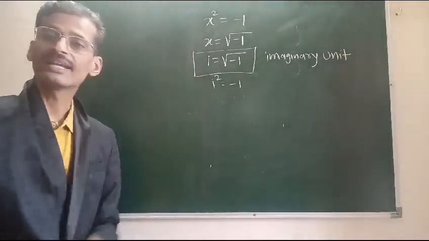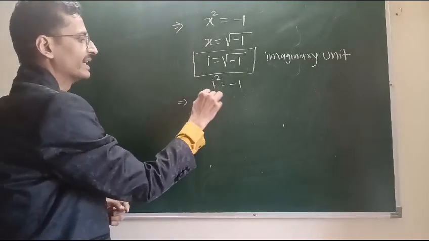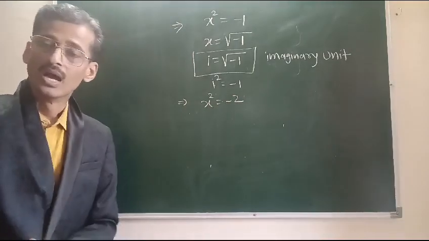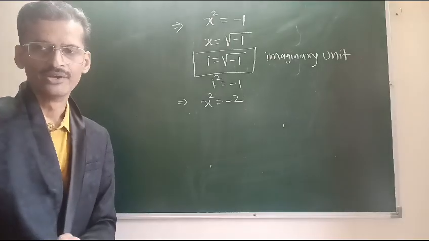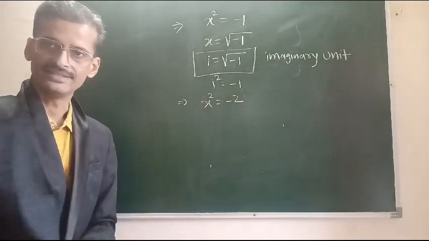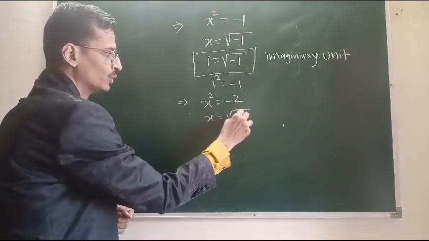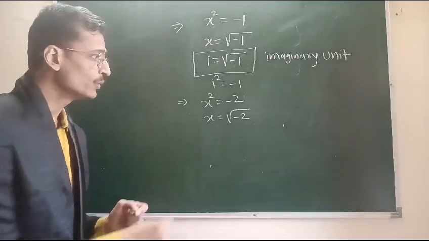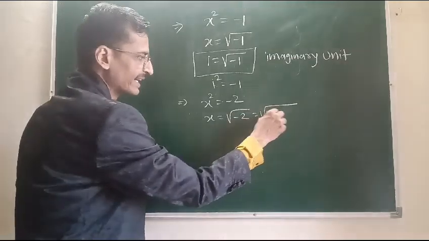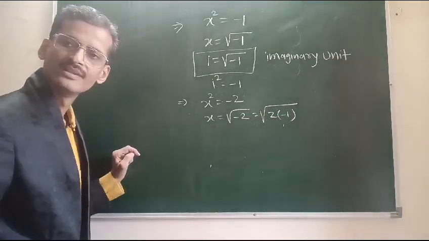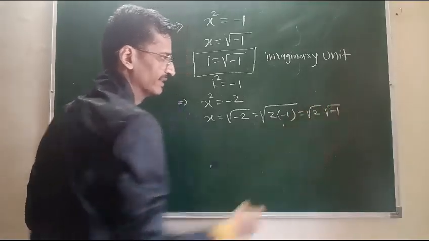But this is the case where x square is minus 1. Now suppose, in the second case, x square is minus 2. If this is given as minus 2, minus 3, minus 4 or any negative number, we can write it in terms of i. So let us see how. Taking the square root, x we can write as root of minus 2. Now root of minus 2 we can write as root of 2 into minus 1. Now root of a into b we can write as root a into root b.